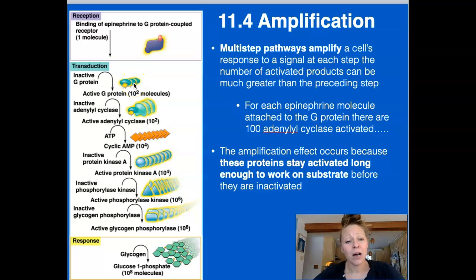And if each of those 100 adenylyl cyclases is working on, let's just say, 100 cyclic AMPs, then that message is going to increase to 10,000. So it's going to increase at each step, and this is called amplification.